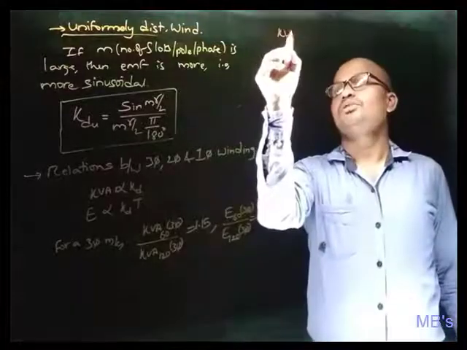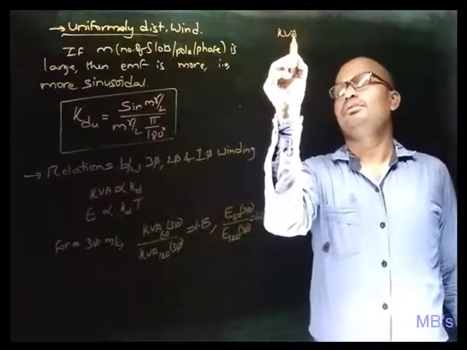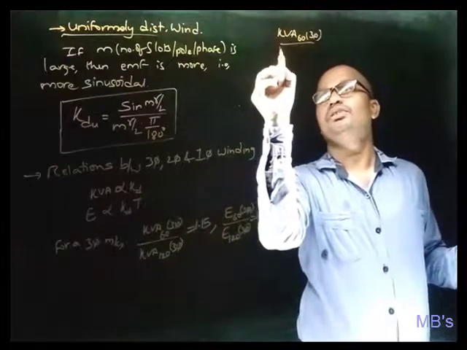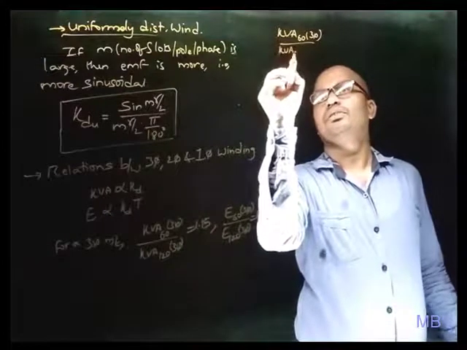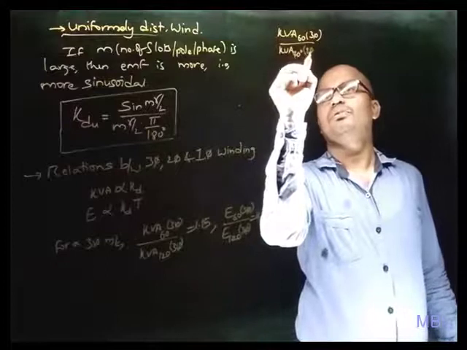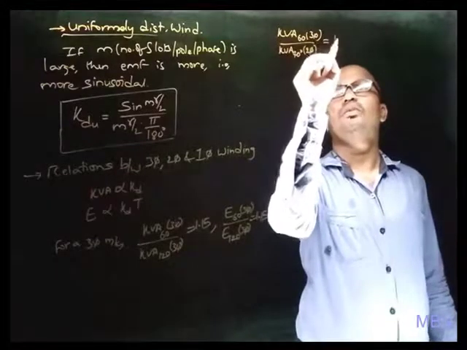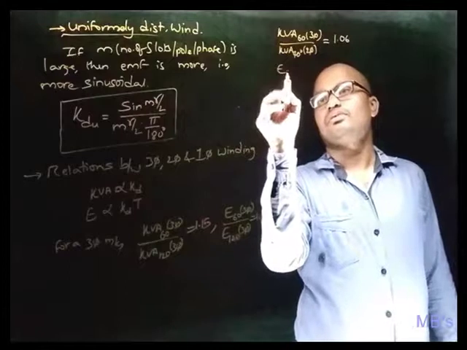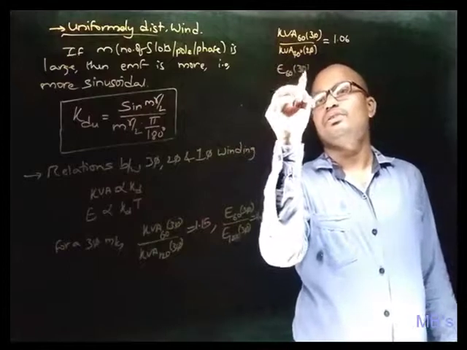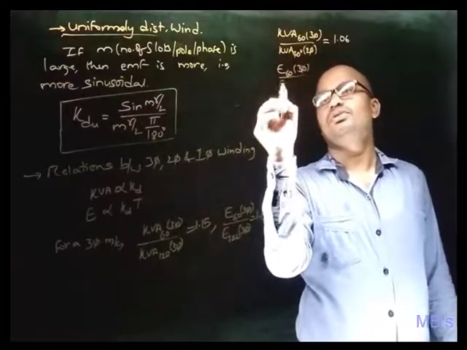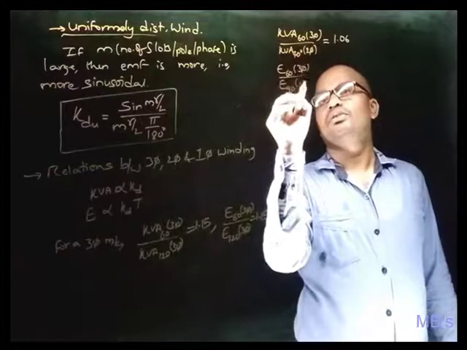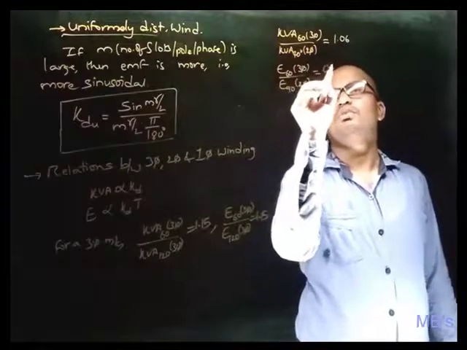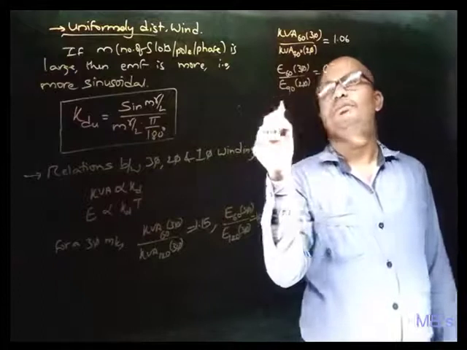Next, the ratio of kVA of a 60 degrees 3-phase machine to the kVA of a 90 degrees phase spread 2-phase machine is equal to 1.06. And the EMF ratio of a 60 degrees phase spread 3-phase machine to the EMF induced in a 2-phase machine is equal to 0.707.